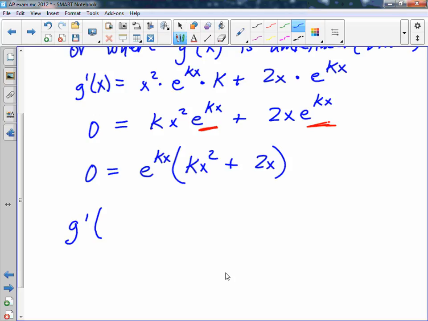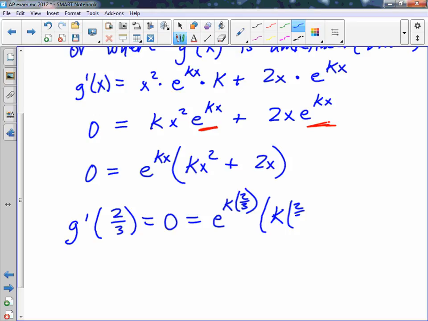So we can say g prime of 2/3 equals 0 equals e to the k times 2/3 times (k times 2/3 squared plus 2 times 2/3).